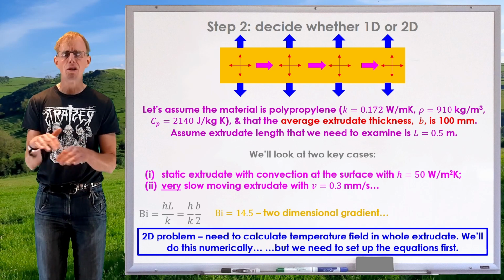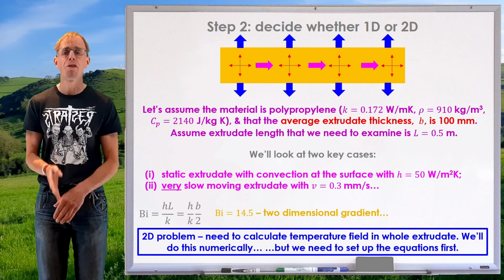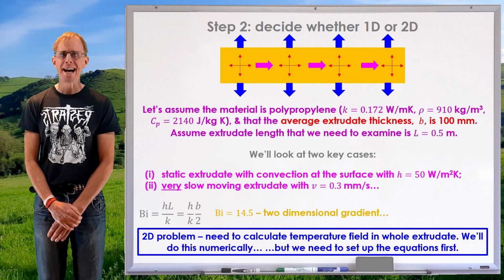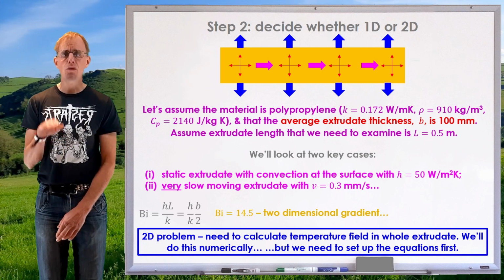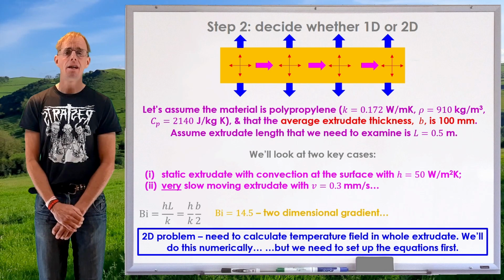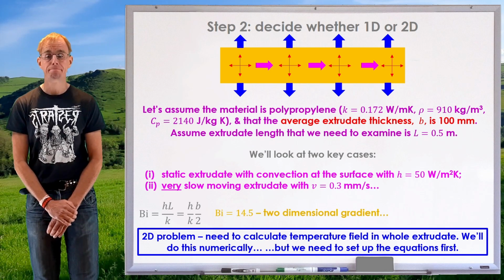The edges are cooling quickly. It takes time for the heat in the middle to get to the edge, and so I'd expect a symmetric gradient across the thickness of the film or sheet as well. And those two different gradients will be what I'm expecting to see in the numerical solution. If I don't, I'm going to ask very strongly why.